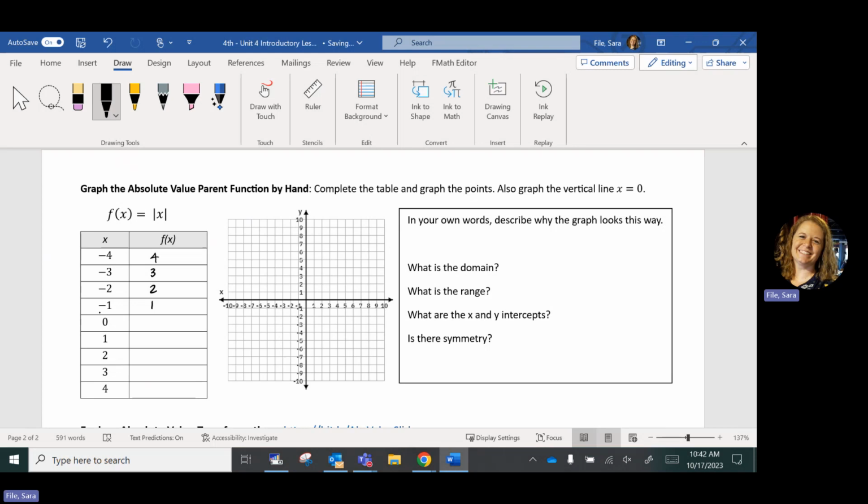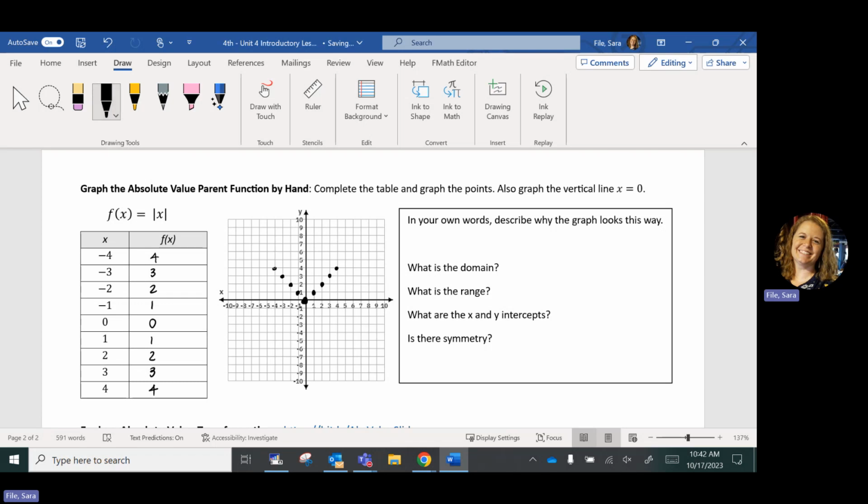Just 0. Okay, and if I input positives, my output's still going to be positive, isn't it? So this will be 1, 2, 3, 4. So if I plot all of those points, I can see my V shape is centered here at the origin.